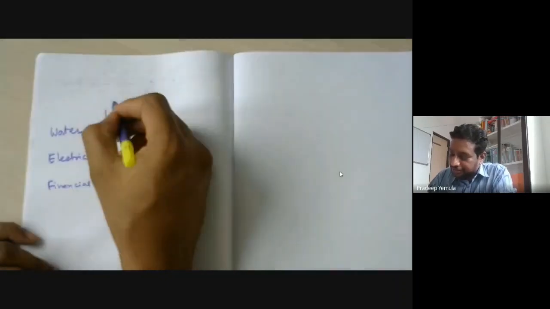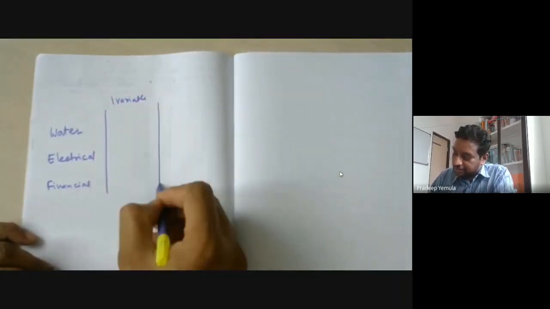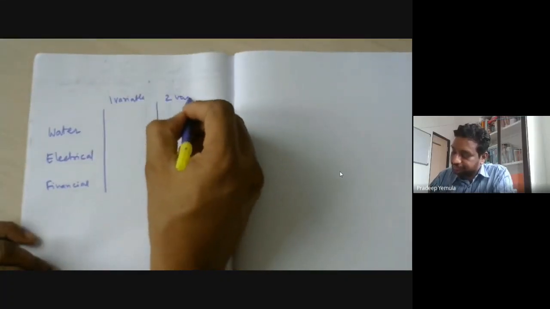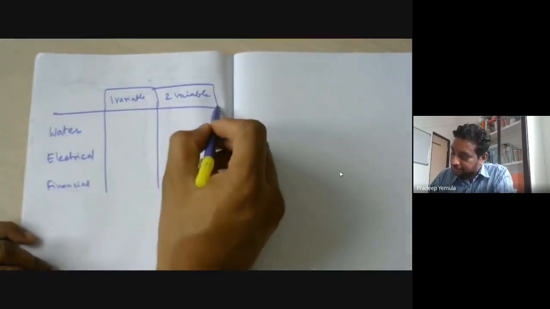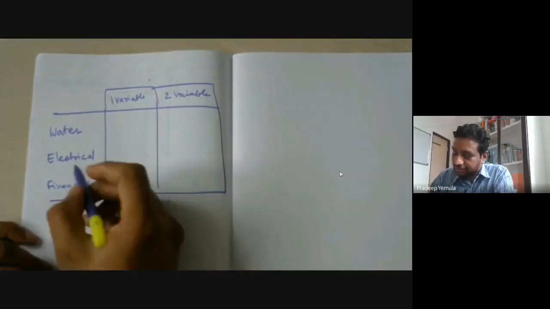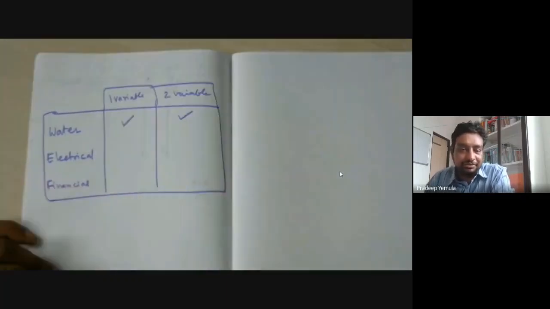And we are doing one variable and two variable. In the first video, we did one variable, and now in this session, we are doing the two variable. So the water experiment with one variable and two variable, we finished.